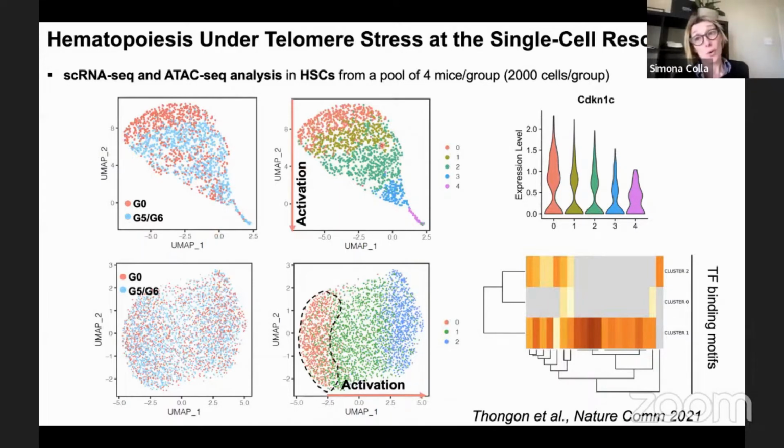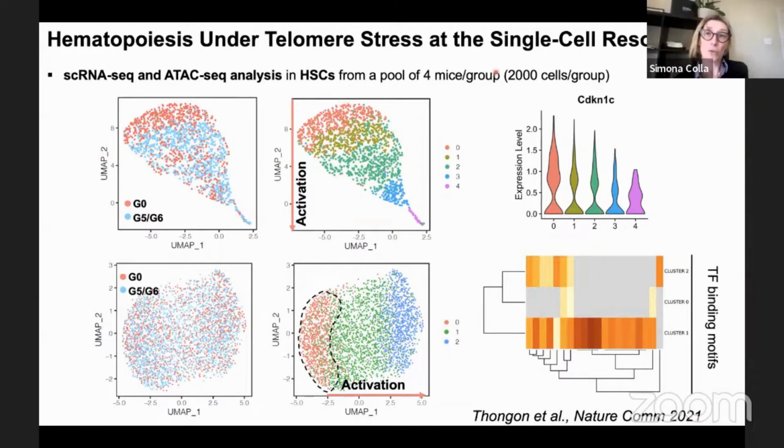Usually, you need to have at least 2,000 cells per group to get a good result that is able to dissect different clusters. Because, of course, if you get few cells, you are not able to dissect different clusters. The more cells you have, the more you are able to distinguish differences.